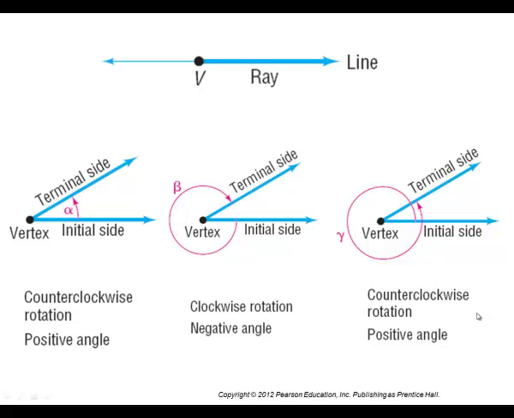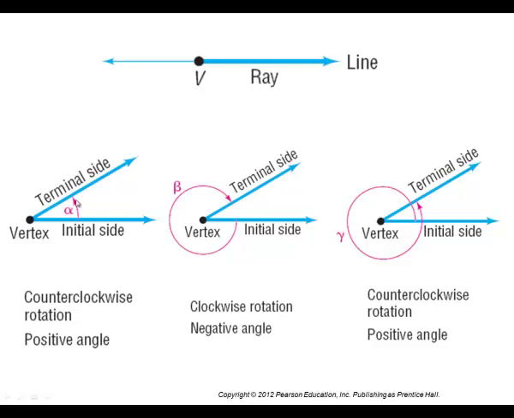And here we have an angle that goes a full 360 degrees and then stops at the terminal side. And so we can have one angle that is coterminal to angles going in the opposite direction, clockwise, or it can go counterclockwise, but then do a full 360 degrees and end up on the angle.